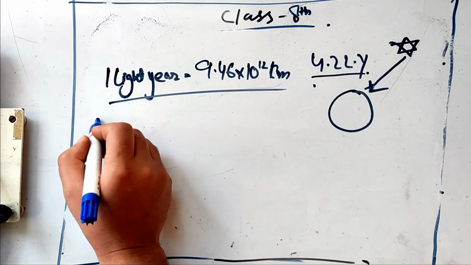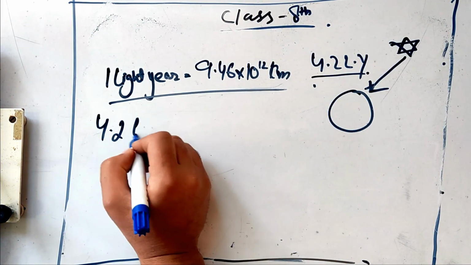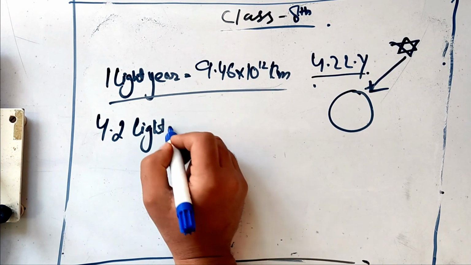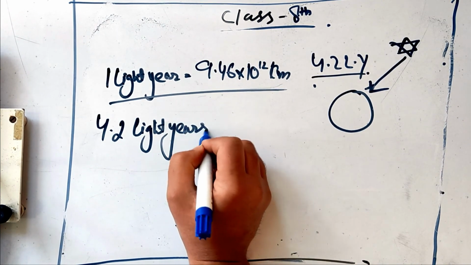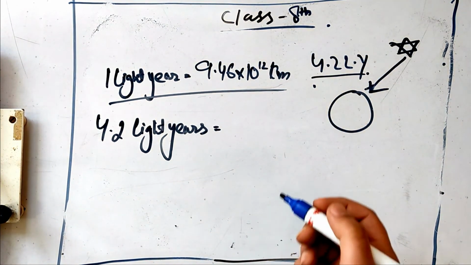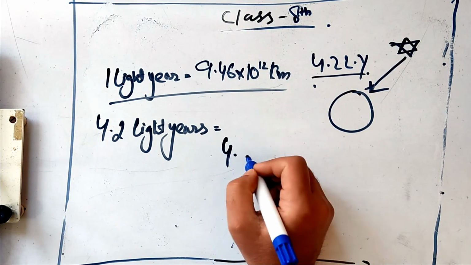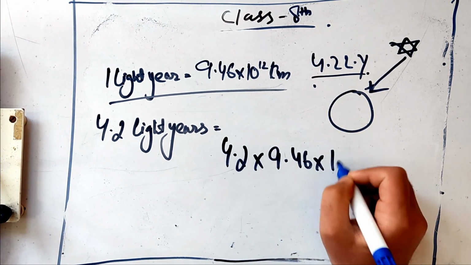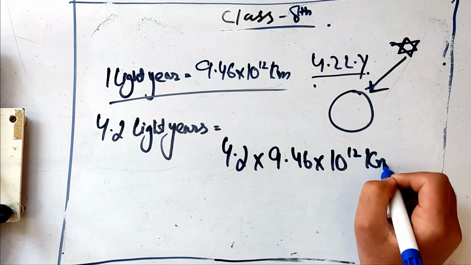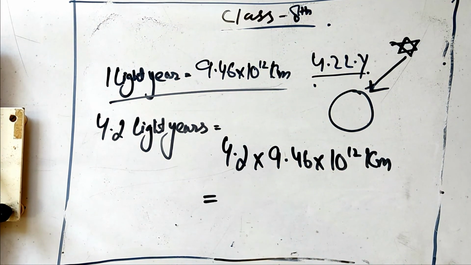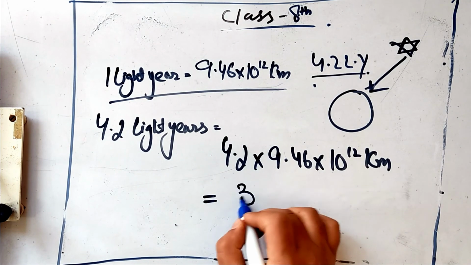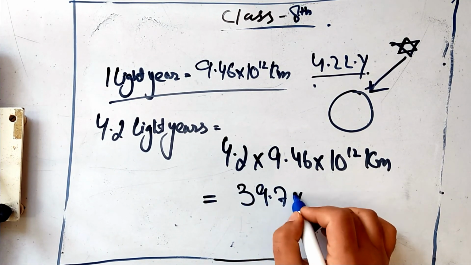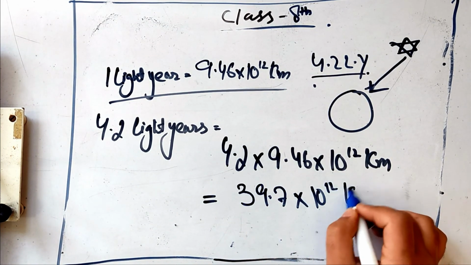So 4.2 light years will be equal to 4.2 multiplied by 9.46 into 10 raised power 12 kilometers, which is equal to 39.7 into 10 raised power 12 kilometers.